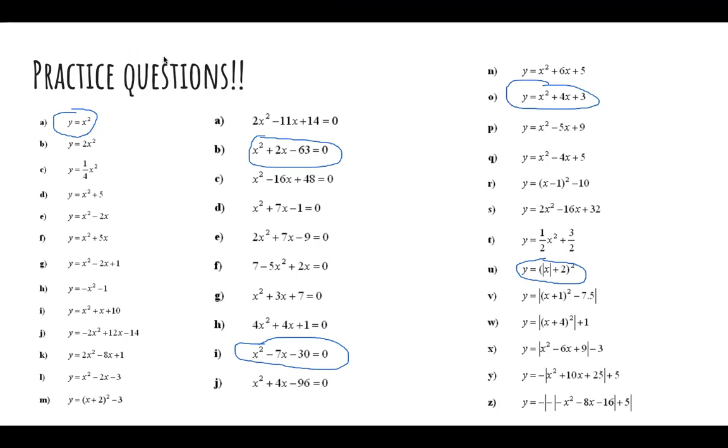So for the first question, that's the simplest quadratic equation. That's the most standard form, which is something like this. That's the standard form. And I think we should be all good about that.